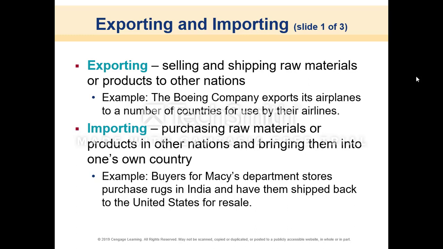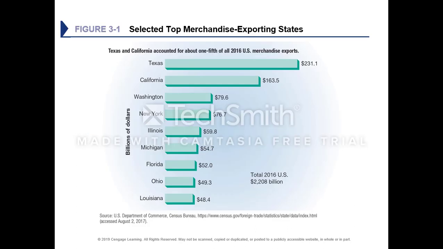So exporting and importing are really important when we're talking about global business. And here's a bar graph identifying our top merchandise exporting states. Michigan is number 6. And what do you think Michigan is exporting a lot of? Probably vehicles, because we make a lot of automobiles here in Michigan.